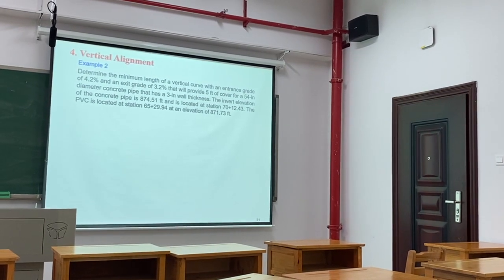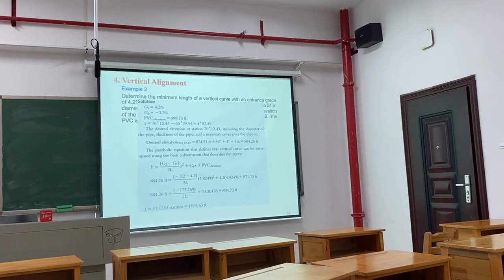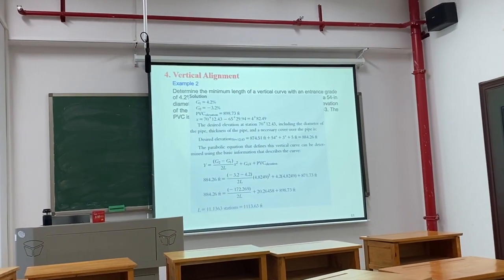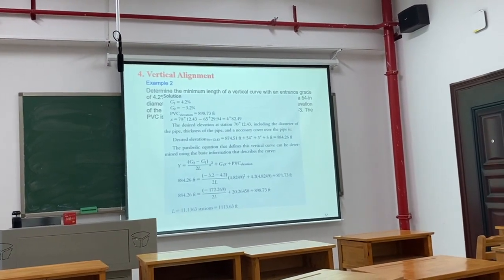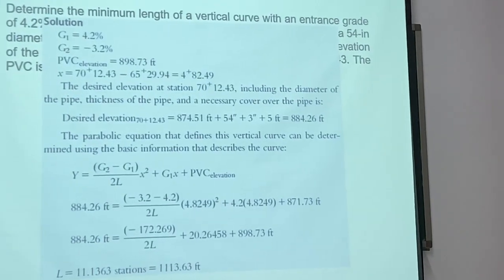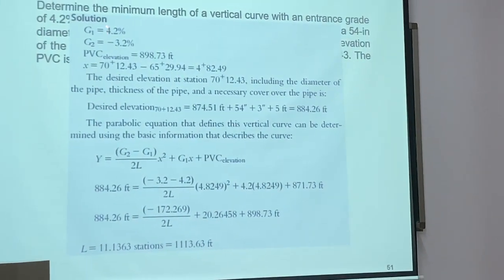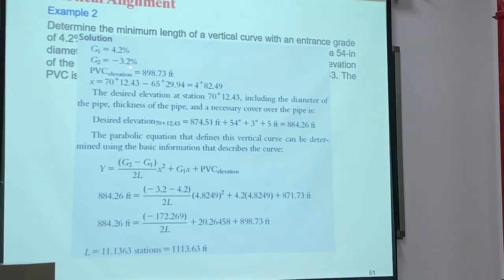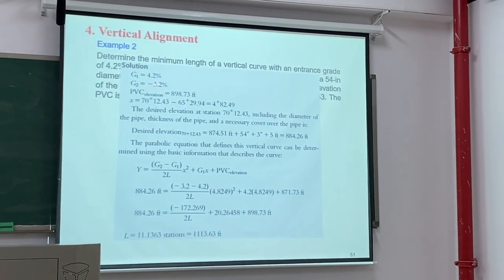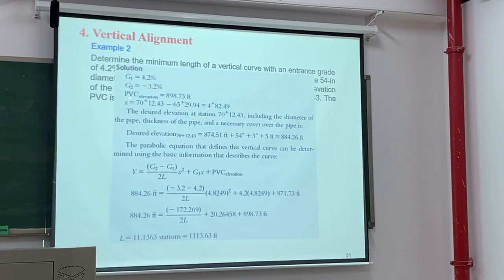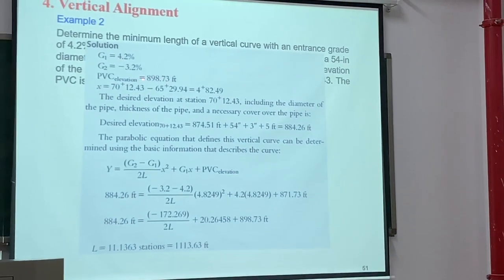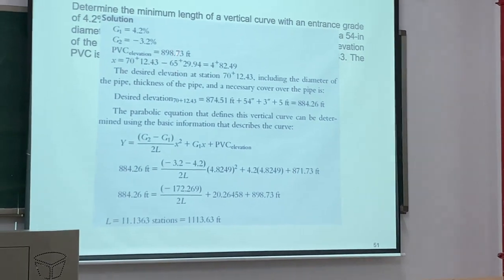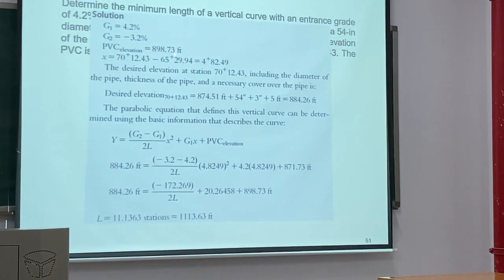Example 2. G1 is 4.2%, G2 is minus 3.2%, and the PVC elevation is 898.73 feet.